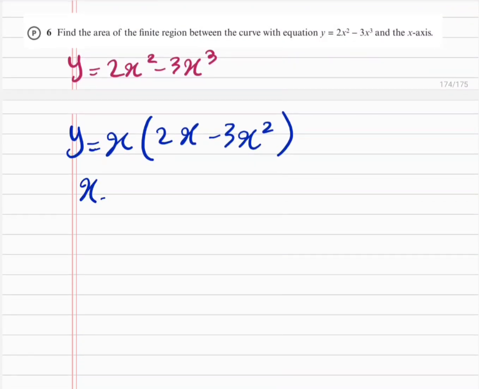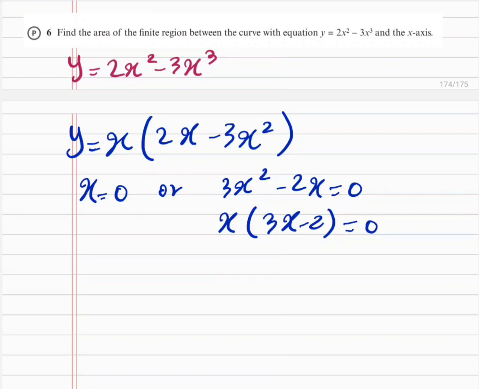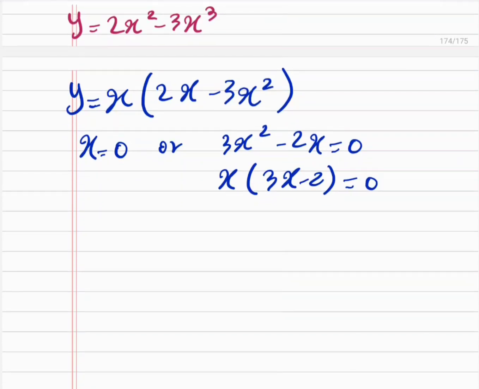So one of the roots, the root outside for this term, is 0, but inside, which is a quadratic, we have, let's negate that, 3x squared minus 2x is equal to 0. To solve this quadratic, we can also factorize, taking a factor of x, so we have x(3x minus 2) equals 0.